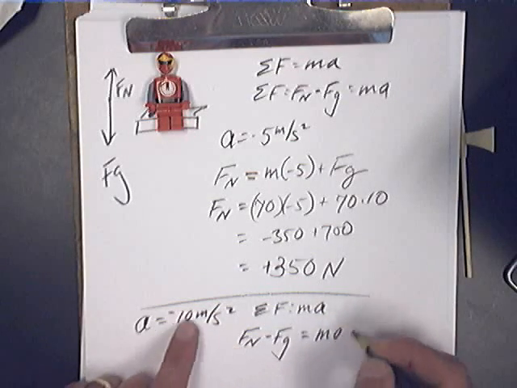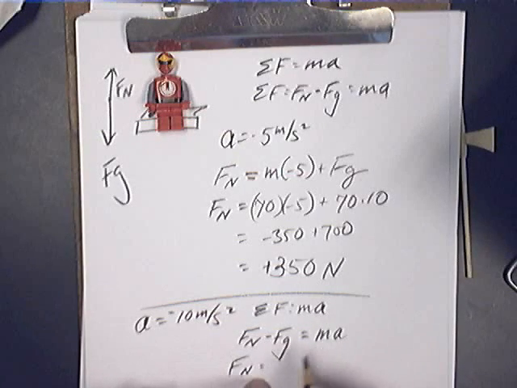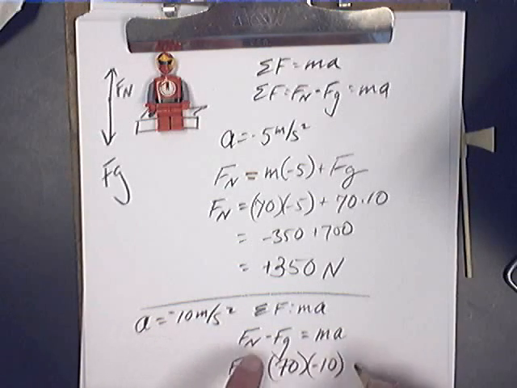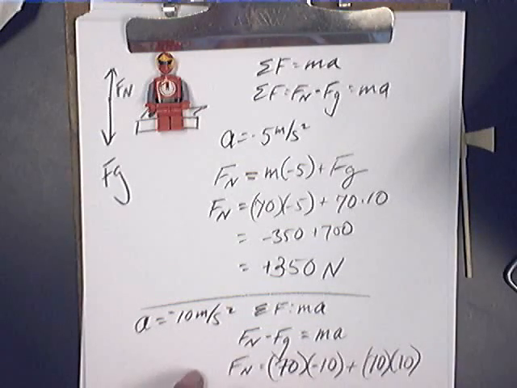In this case, it's negative 10. So normal force is going to equal mass, which is 70, times my acceleration, which is negative 10, plus the force of gravity, which is 70 times g, which is 10. Oh, look, the normal force is 0. The scale is going to read 0 newtons.